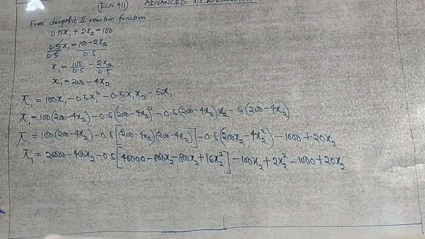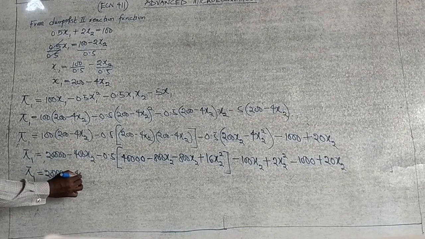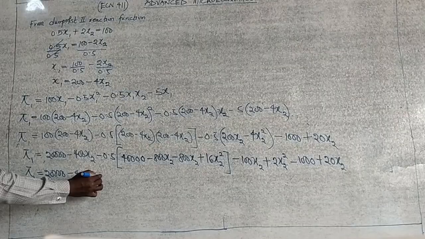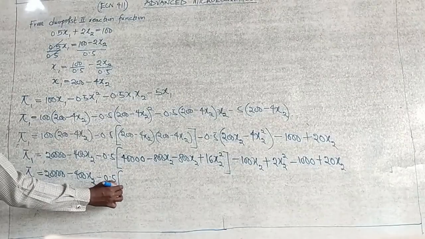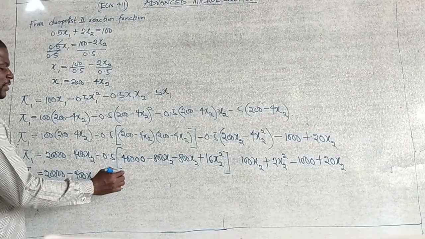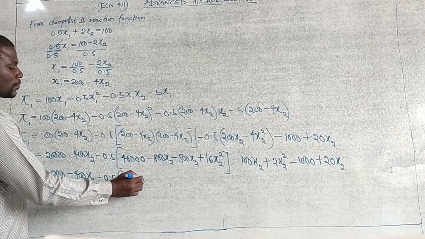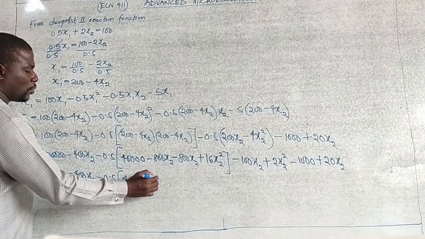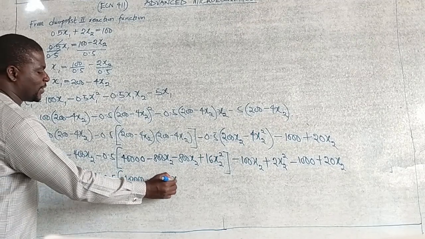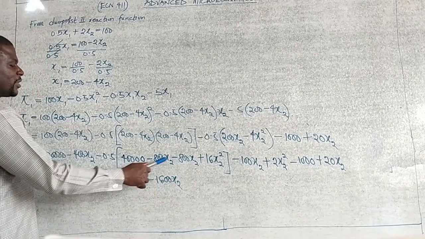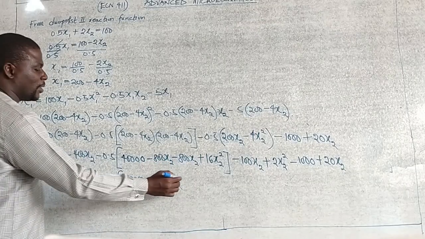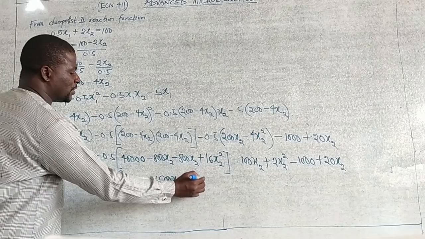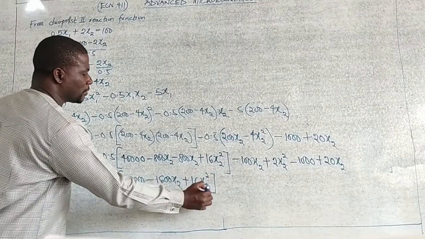Okay. Here now our profit 1 will now be 20,000 minus 400 x2 minus 0.5 into 40,000 minus 1,600 x2. Do you agree? Yes. Minus 800 minus 800 plus 16 x2 squared.